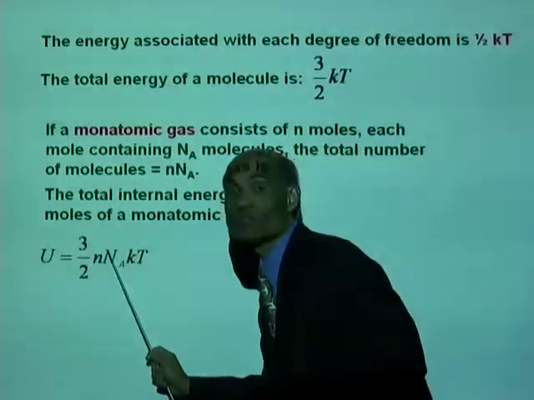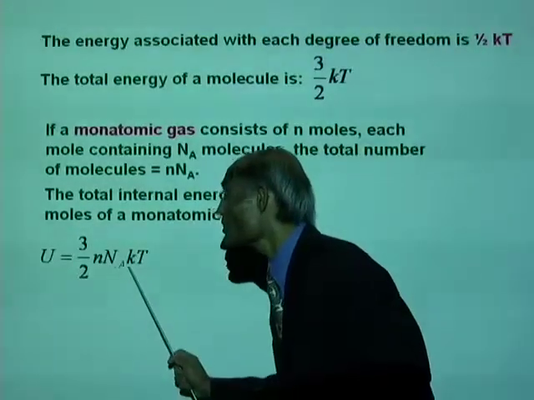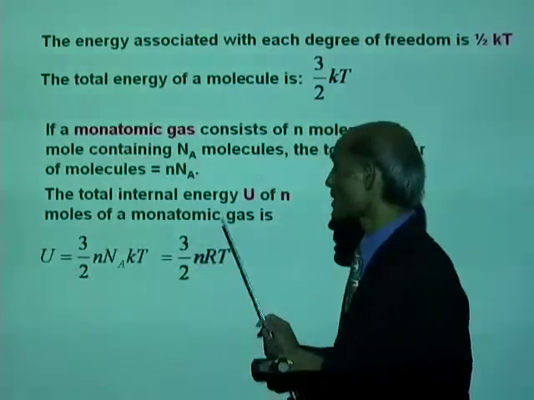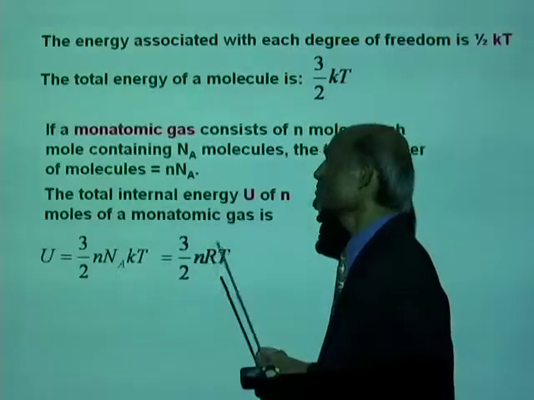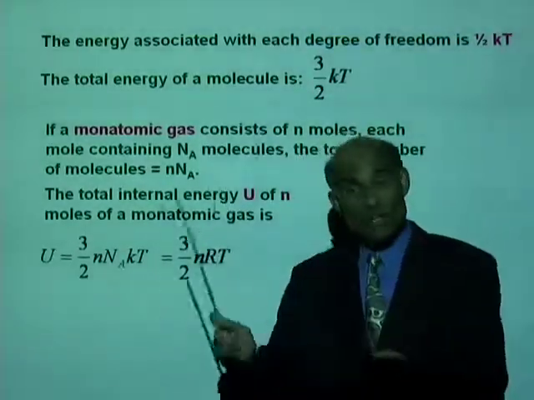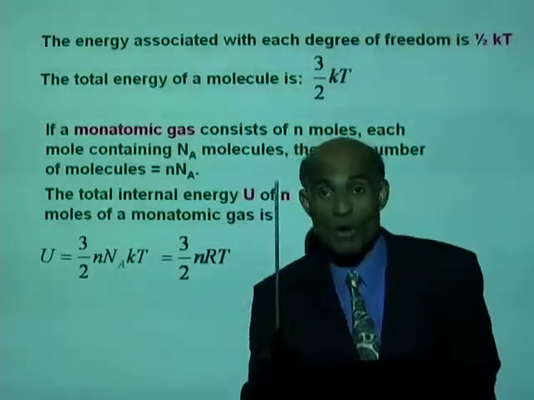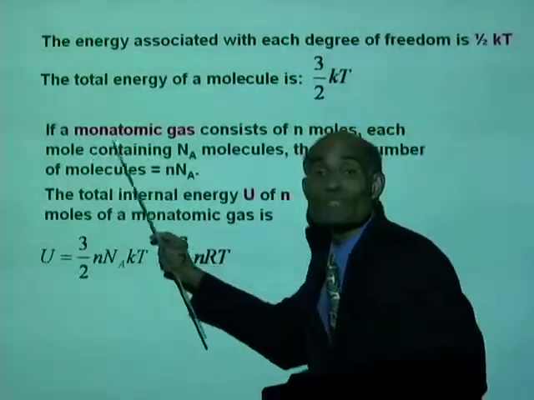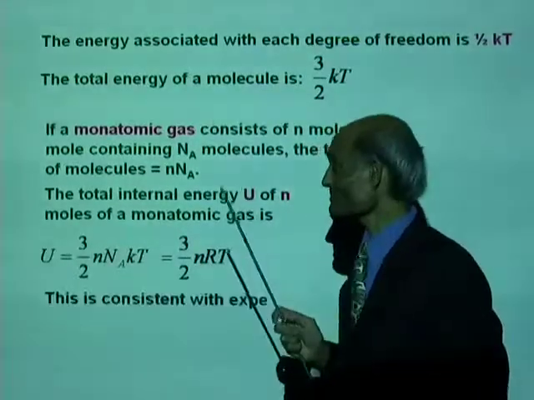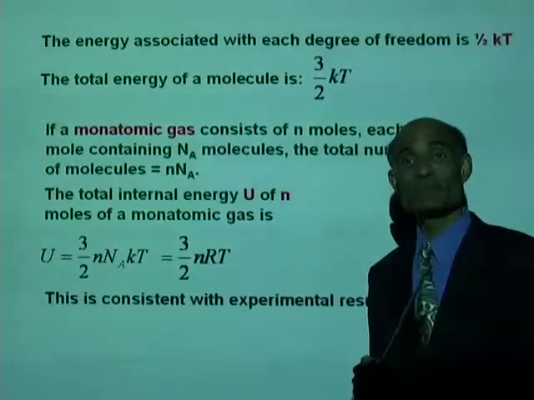And do you remember? Na times k is what we call the universal gas constant, so U equals 3 over 2 nRT. And this is what we concluded earlier on, which apparently is quite right for this kind of gases. Now, this is consistent with experimental results.